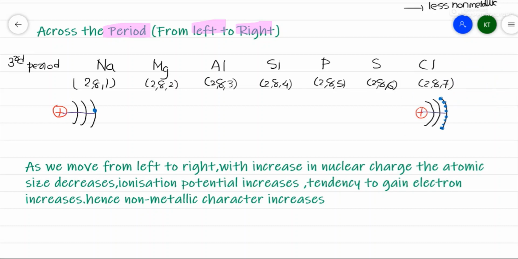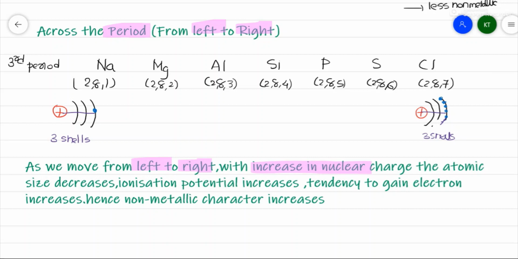Now, as I move from left to right, I observe that the number of shells remains the same. Here you have 3 shells, here also you have 3 shells. You observe that the nuclear charge increases.